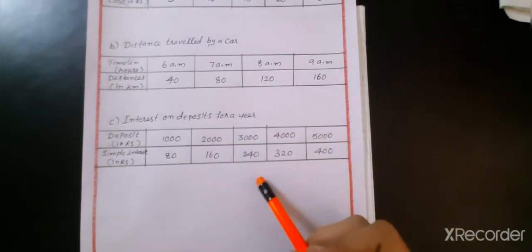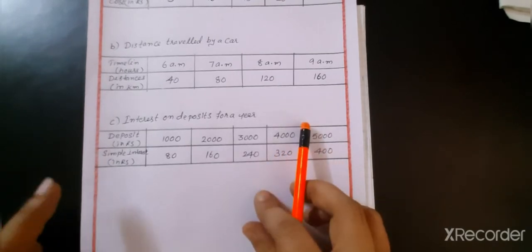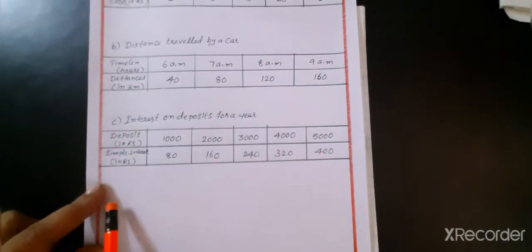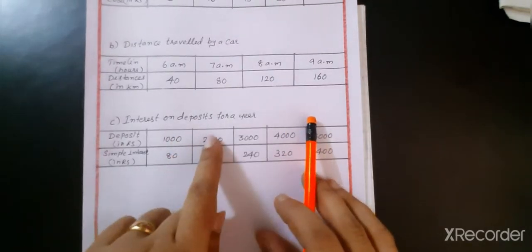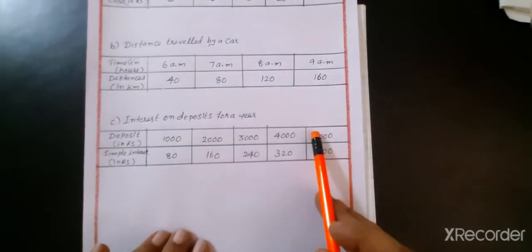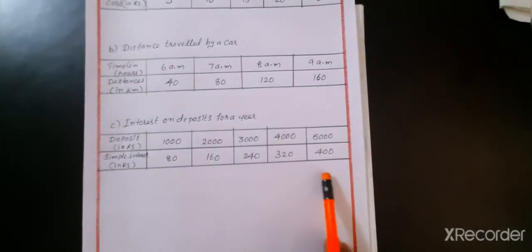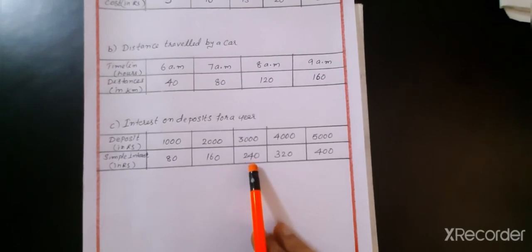So we can take 1 unit equal to 1000 rupees. Deposit can be taken along the y-axis and simple interest along the x-axis. Deposit can be written as 1000, 2000, 3000, with a gap of 1000 each. And simple interest goes 80, 160, 240. How much is the difference?